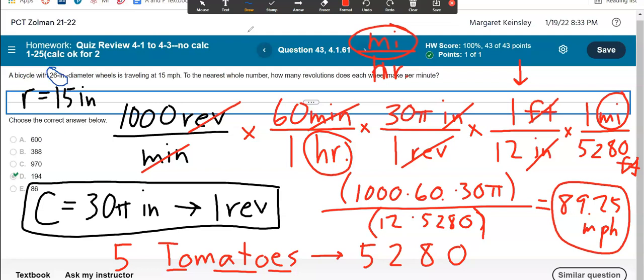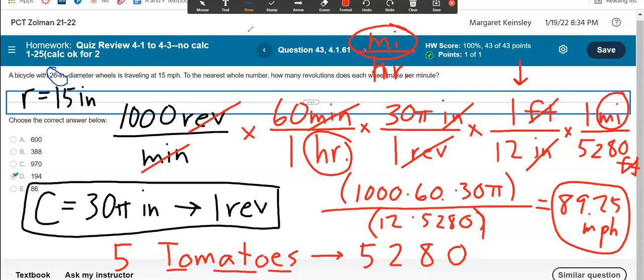Okay, so here's the thing. Wait, hold on. We wanted miles to be the only thing on the top and hours to be the only thing on the bottom.